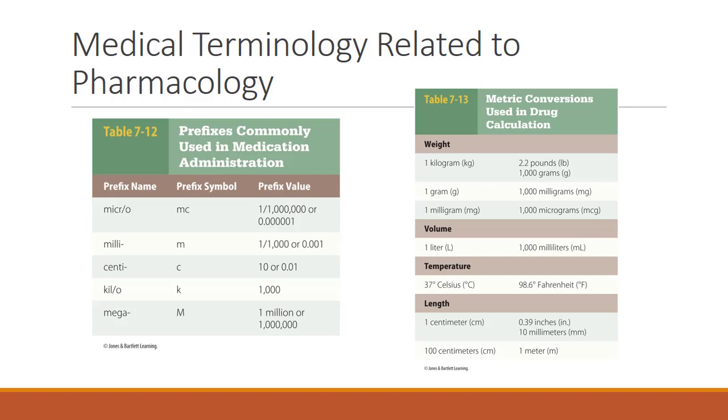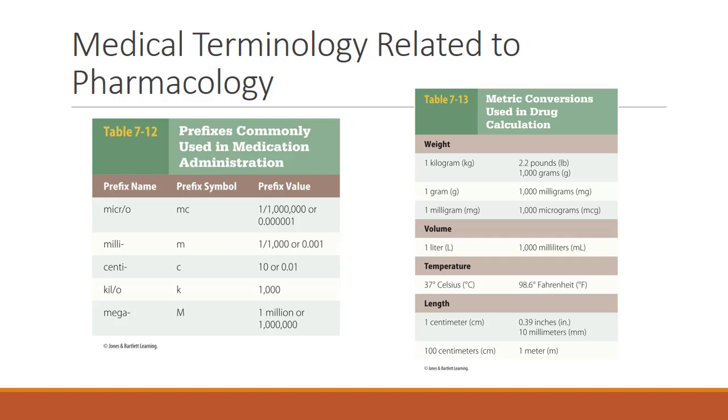So looking over at the table on the right, table 7-13, we see some metric conversions. Again, we will get to these in detail during pharmacology, but it's important that you at least go ahead and familiarize yourself with the terms. In the metric system, weight is indicated, the unit of measure is a gram.